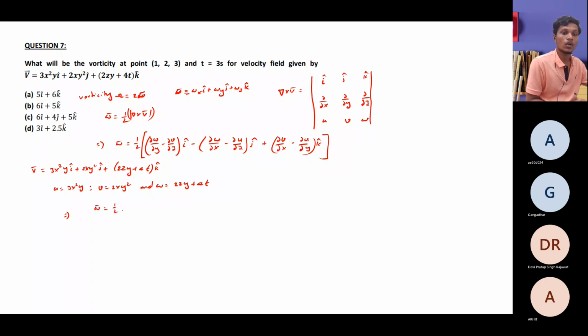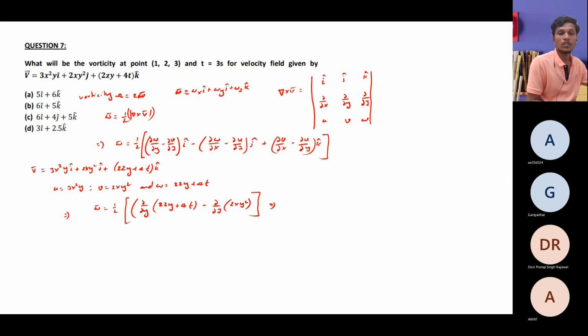Now we need to substitute this into the omega bar equation. Omega bar equals half of dou by dou y of w, which is 2zy plus 4t, minus dou by dou z of v, which is 2xy². Now let's simplify step by step.